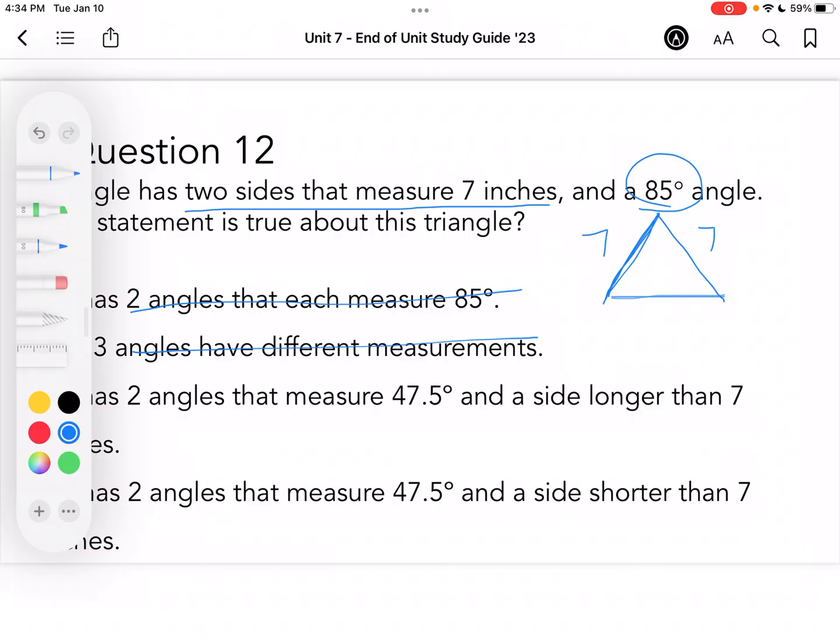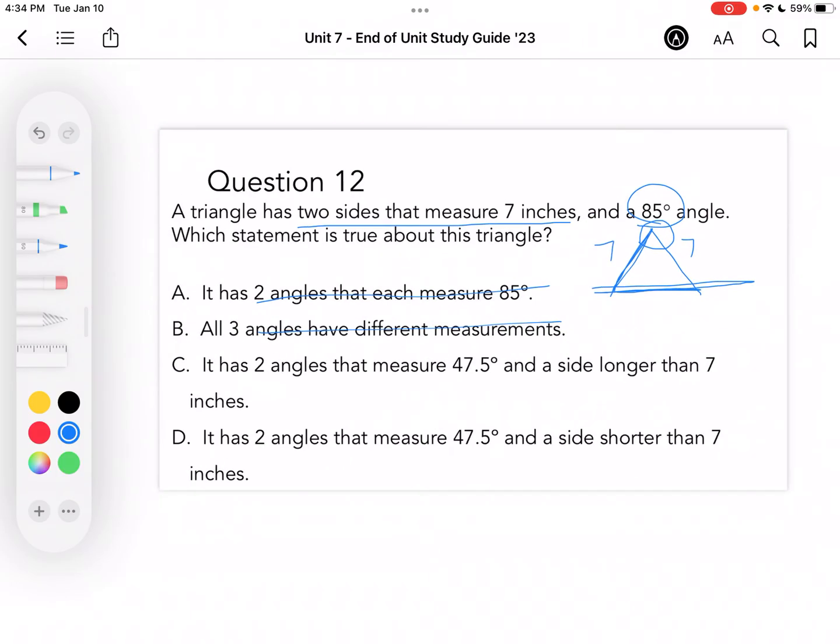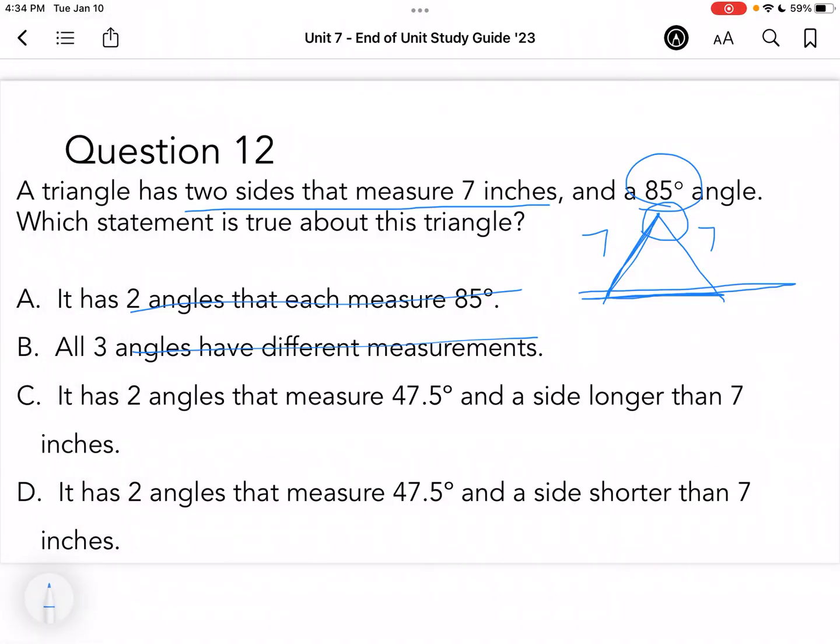And I know that because if this side's the longer side, this has to be a much bigger angle. And it can't be. So it's going to have to be D. Because these 2 angles are going to be the same.